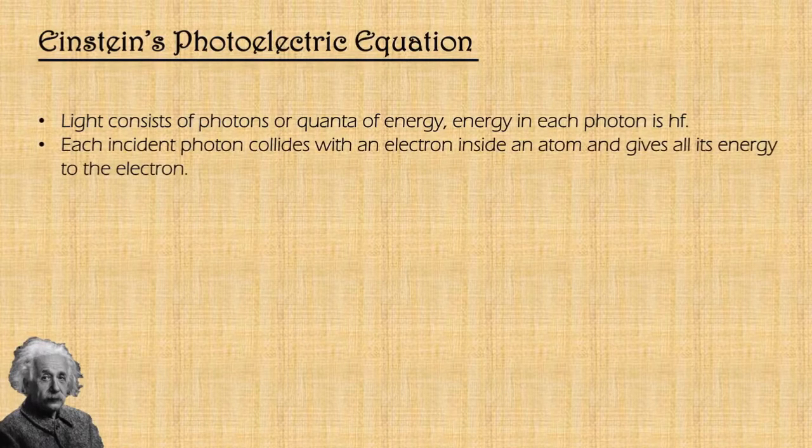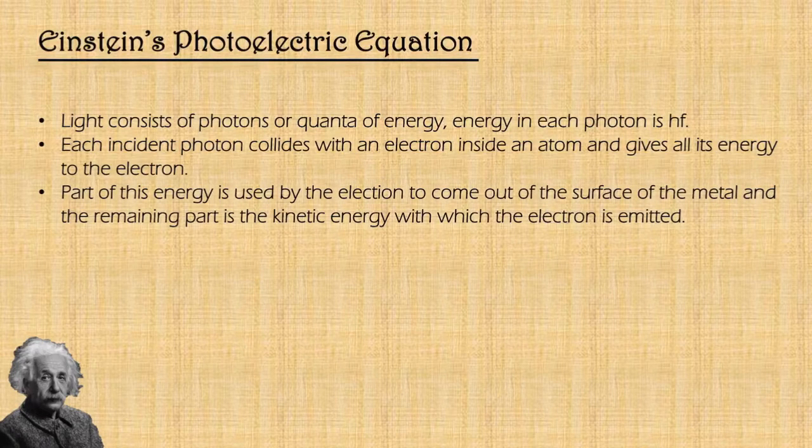Each incident photon collides with an electron inside an atom and gives all its energy to the electron. Part of this energy is used by the electron to come out of the surface of the metal, and the remaining part is the kinetic energy with which the electron is emitted.